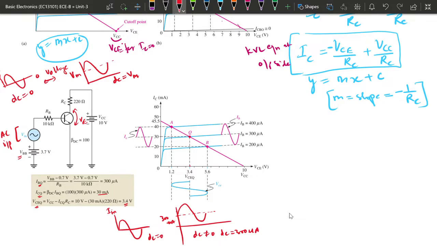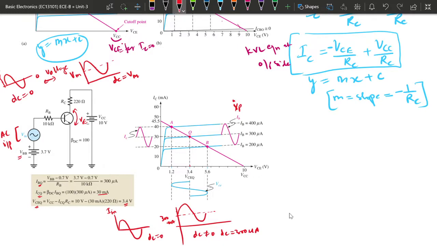So at 300 microampere there will be the AC input that we are applying. So this is our input, the input to the circuit. Here we are going to provide the AC at 300 microampere.